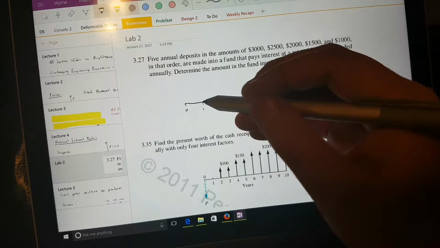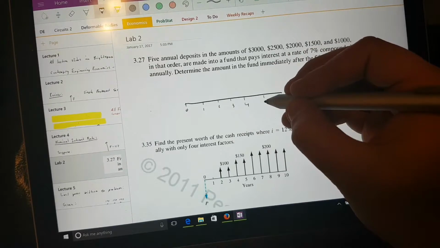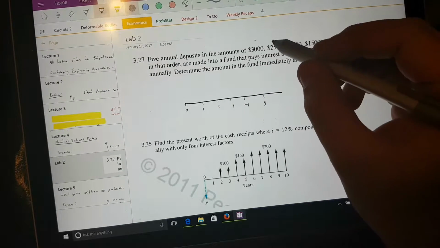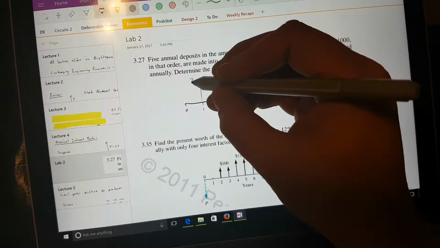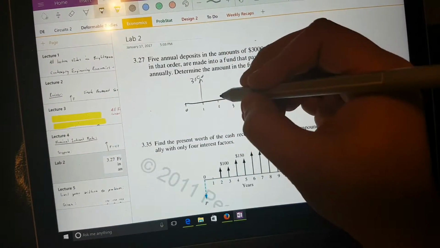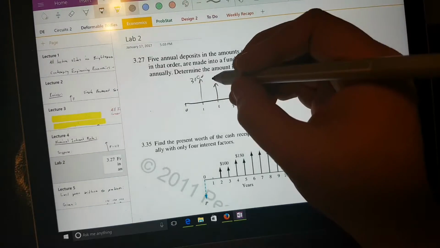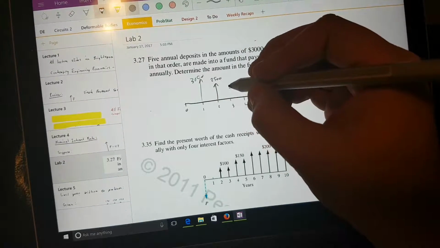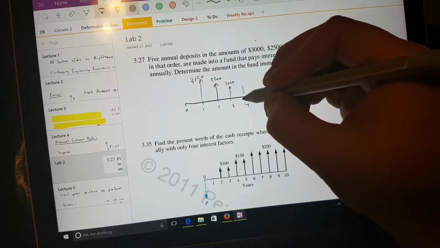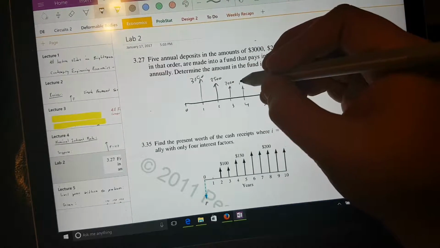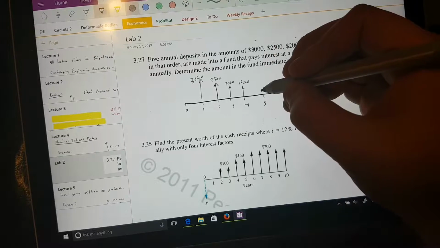This one's 3,000, 2,500, 2,000, 1,500, and 1,000.